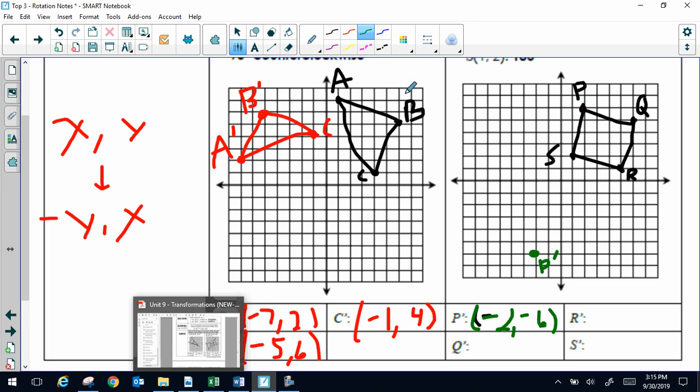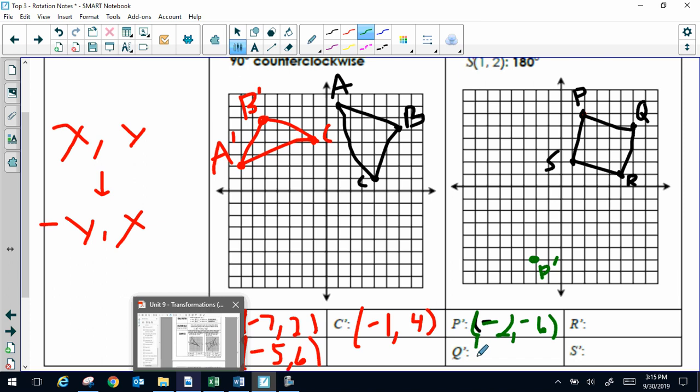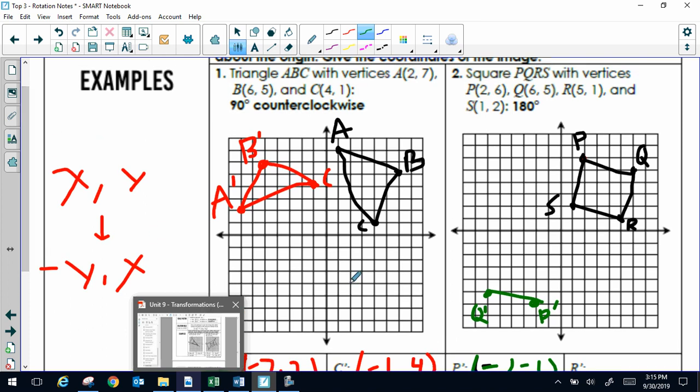Okay, then you would have Q, which is currently at 6, 5, would be at -6, -5. Which will be right here. Then you would have R. R is currently at 5, 1, so it would be at -5, -1.